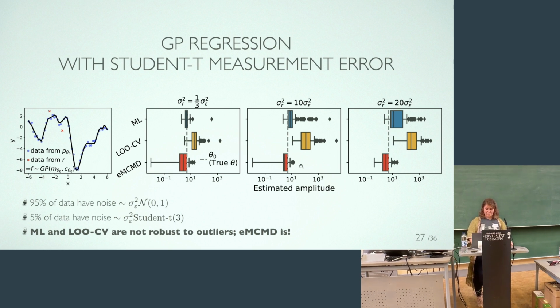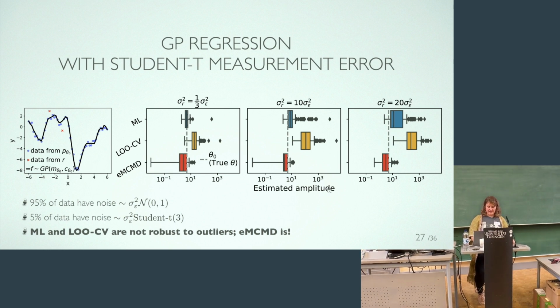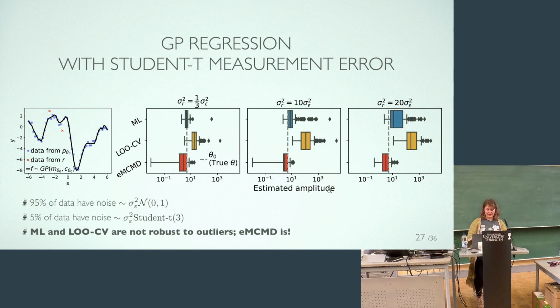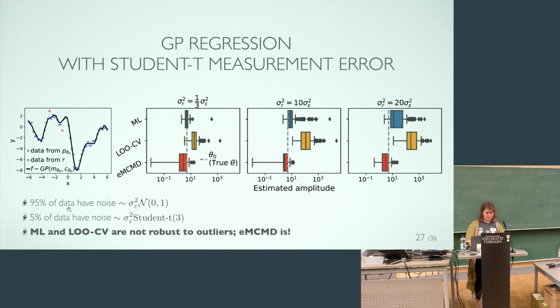And this is the result of estimating the amplitude for this misspecified setting where we have 5% of outliers, and we compare the performance of EMCMD, leave one out cross-validation, which has a closed form for the case of GP regression, and maximum likelihood.